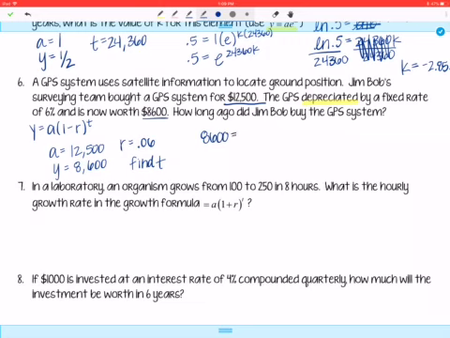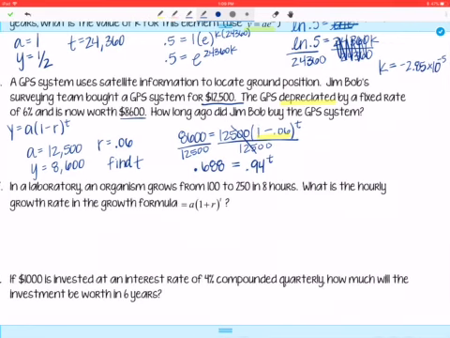All right, so 8,600 equals 12,500 times 1 minus 0.06 raised to the t. Same thing, divide by 12,500. I'm getting that that's 0.688 if I round to 3. 1 minus 0.06 is 0.94 raised to the t.